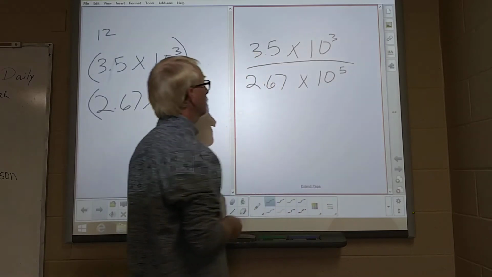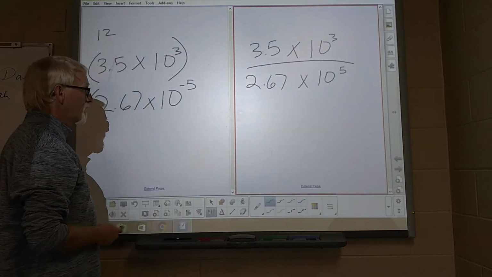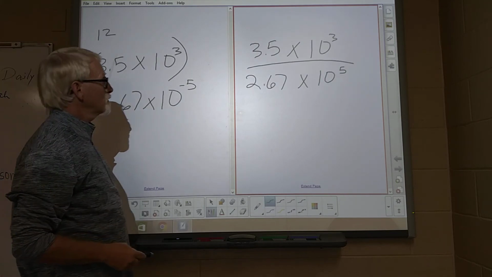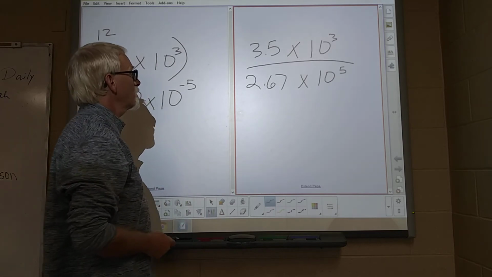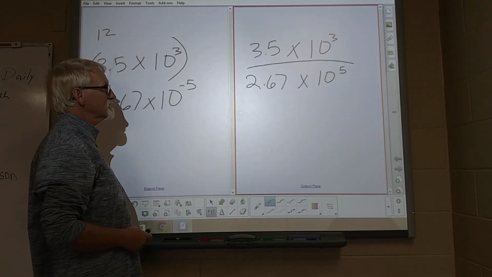All right, so remember we can only combine like terms. So right here you're seeing 3.5 divided by 2.67.